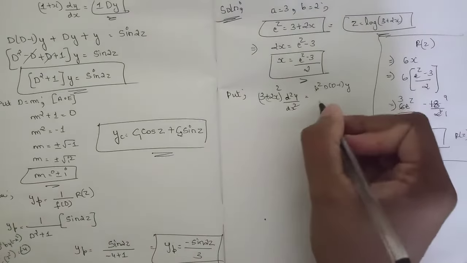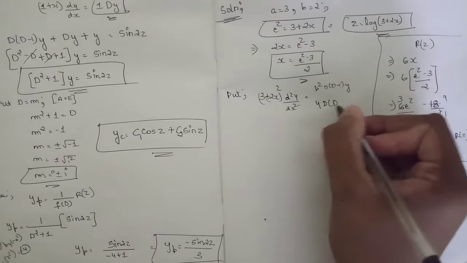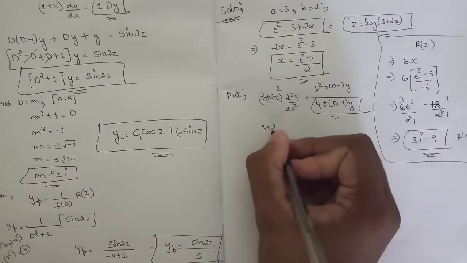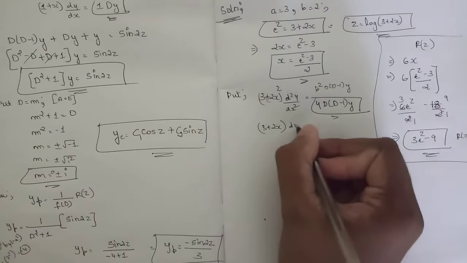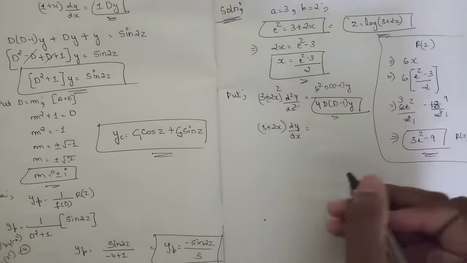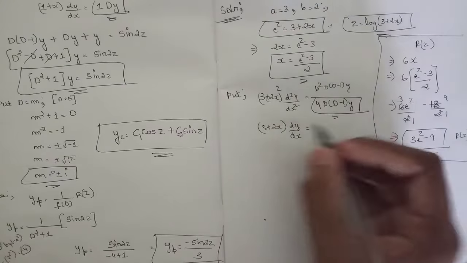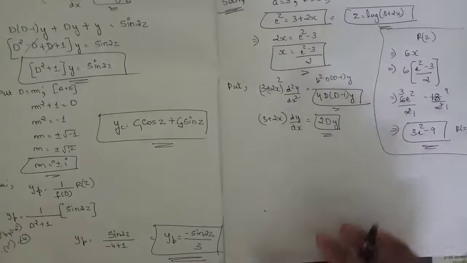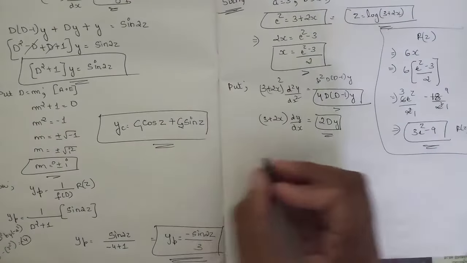So 2 squared is 4, giving 4D(D − 1)y. Also (3 + 2x) dy/dx can be written with b = 2 as 2Dy.